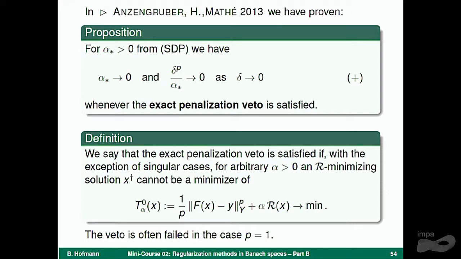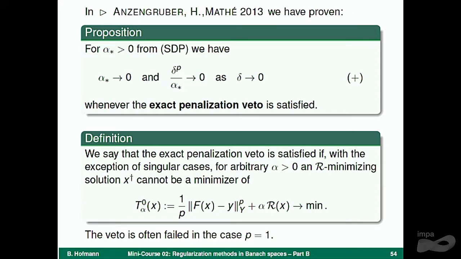We have papers with a couple of colleagues, Peter Mathé and Stefan Anzengruber, where we discussed it over 20 pages, so a little bit more. And, a little bit trivially said, the only critical case is p equals 1. If you have the discrepancy power p equals 1, then this veto can fail.